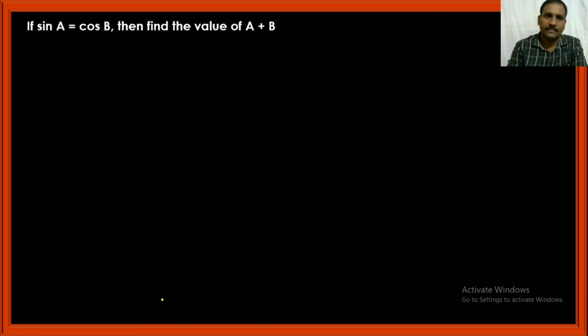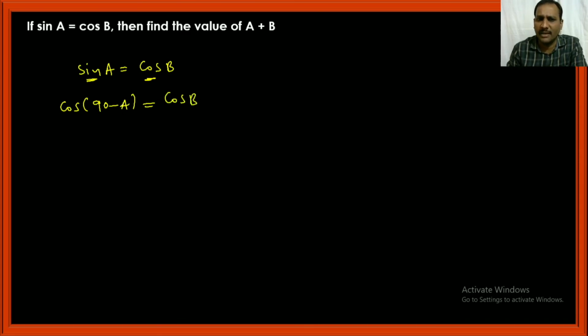Next. If sin A is equal to cos B, then find the value of A plus B. It is similar to the previous problem. So you have sin A is equal to cos B. See that on both sides the ratio should be the same. So either you convert sin into cos or cos into sin. Now I am trying to write sin as cos. Can I write sin A as cos 90 minus A?